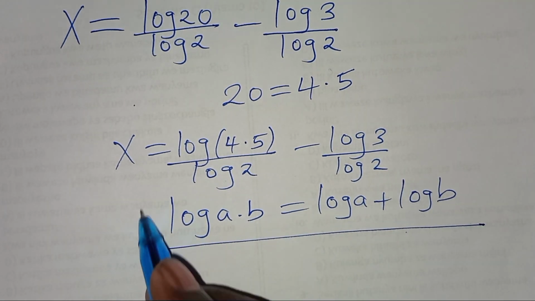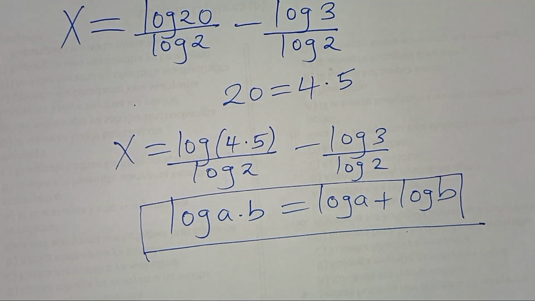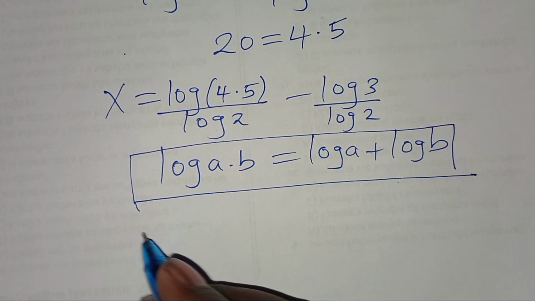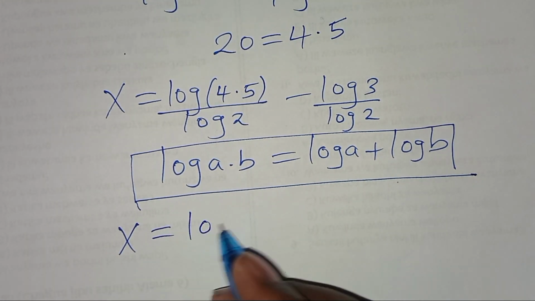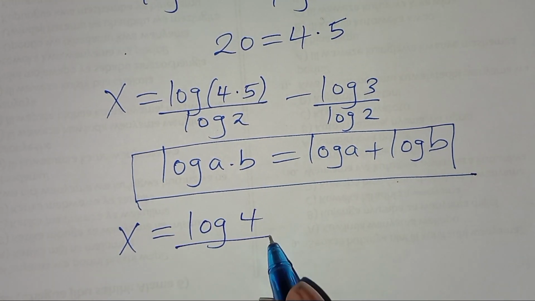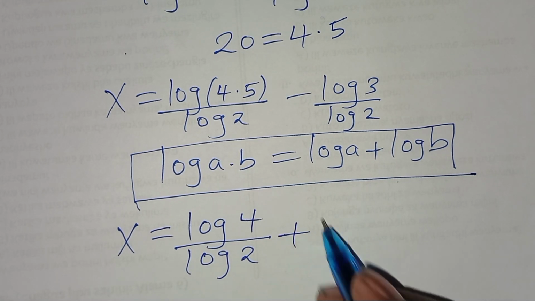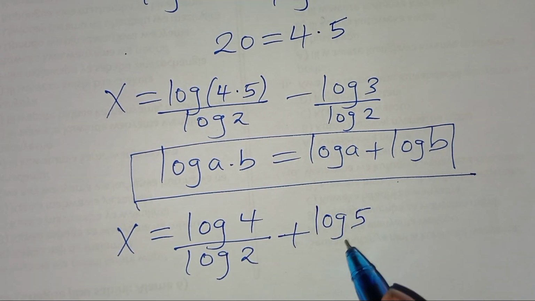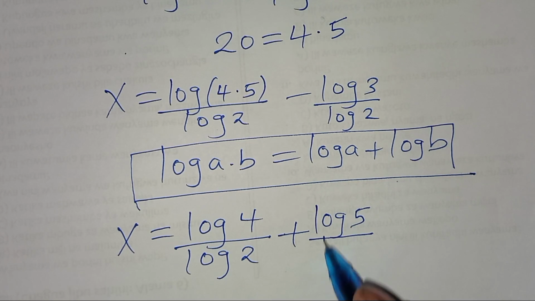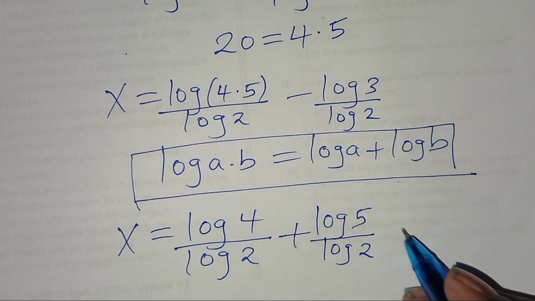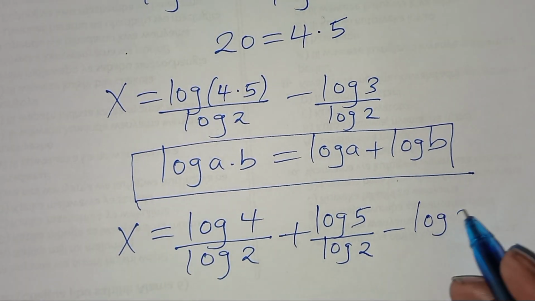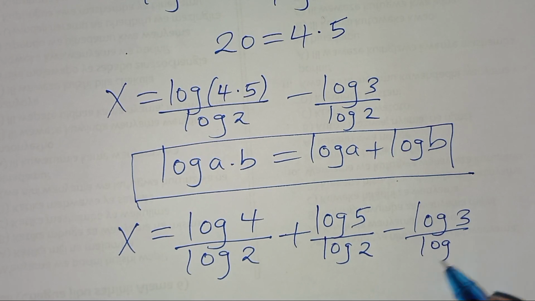Now applying this logarithm property, it follows that x is equal to log 4 divided by log 2 plus log 5 divided by log 2, subtract log 3 divided by log 2.